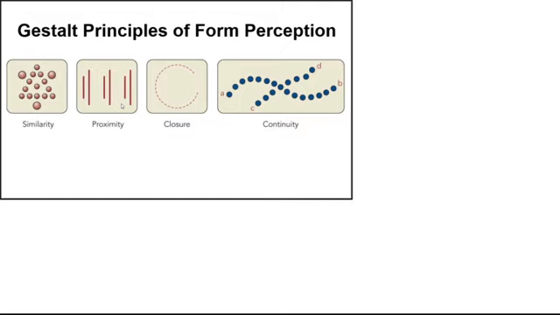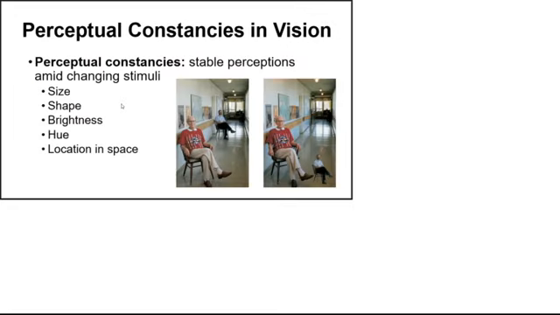And so these are just observations based on how people tend to group stuff together, how we tend to pull information from our environment. And the last thing I want to talk about are perceptual constancies.